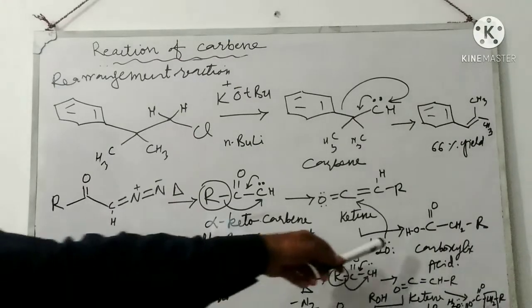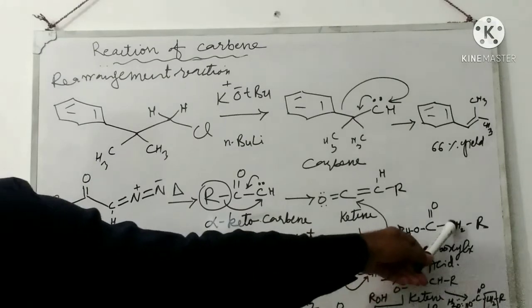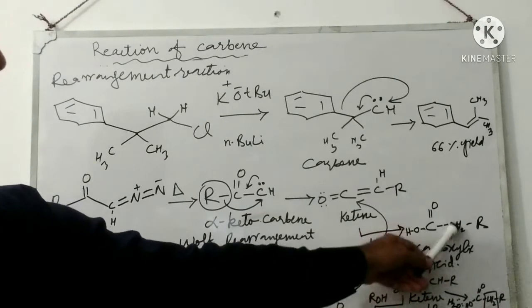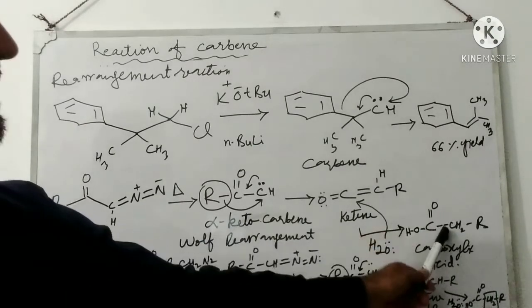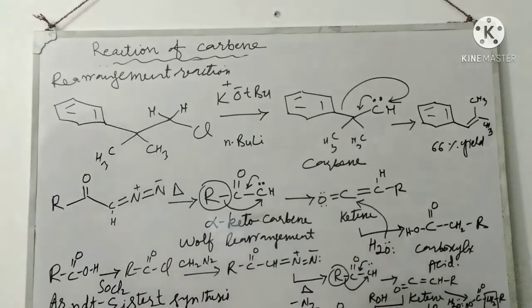Now this carboxylic acid which is formed has one carbon more, one CH2 more. This is the homologous carboxylic acid. So it is basically used to make the homologous series of carboxylic acids.